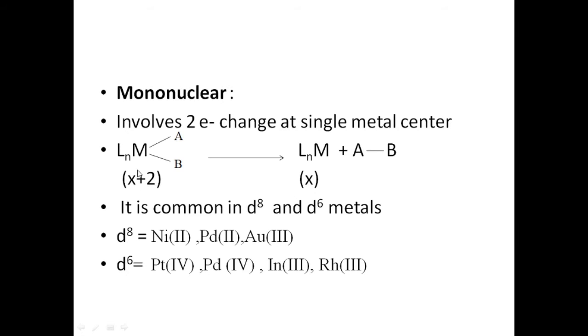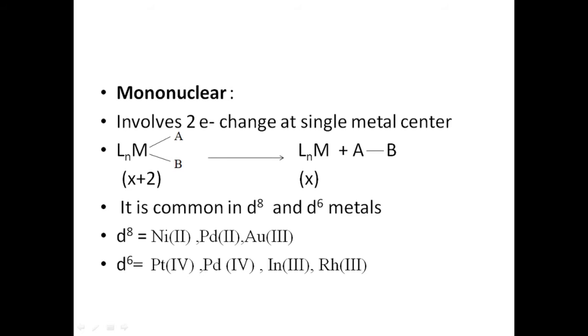Here the oxidation state is X plus 2 and here the oxidation state is X. Therefore, it involves a 2 electron change at a single metal. It is common in d8 and d6 metals. In d8, nickel(II) and palladium(II); these are d8 systems. In d6, platinum and palladium are d6 metals.